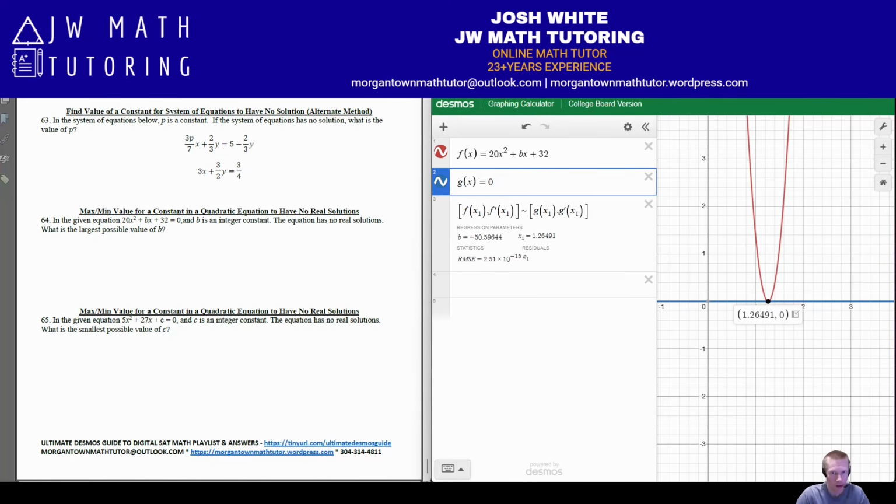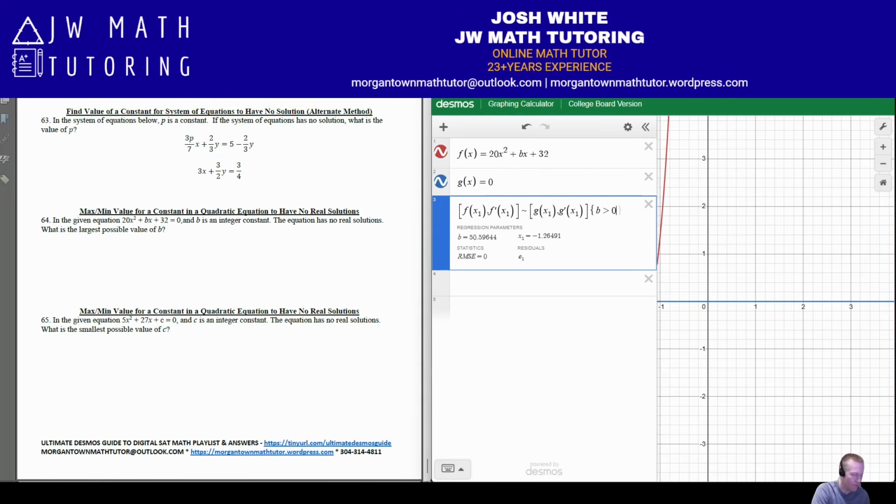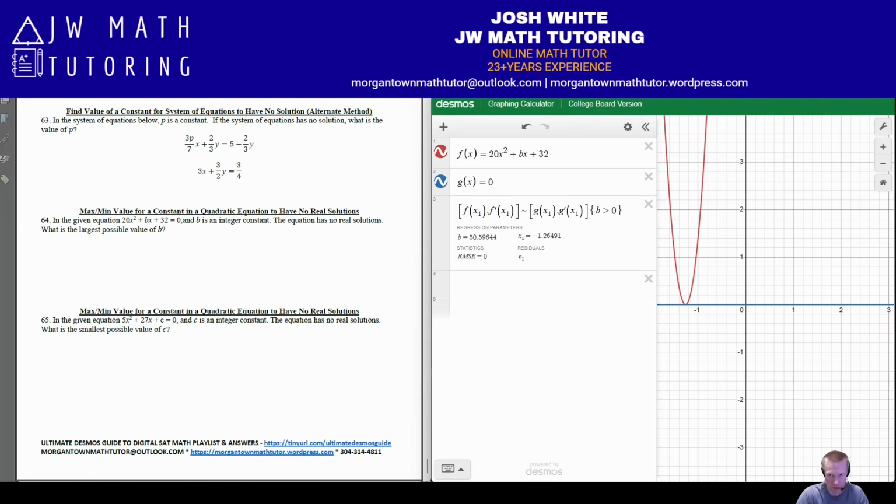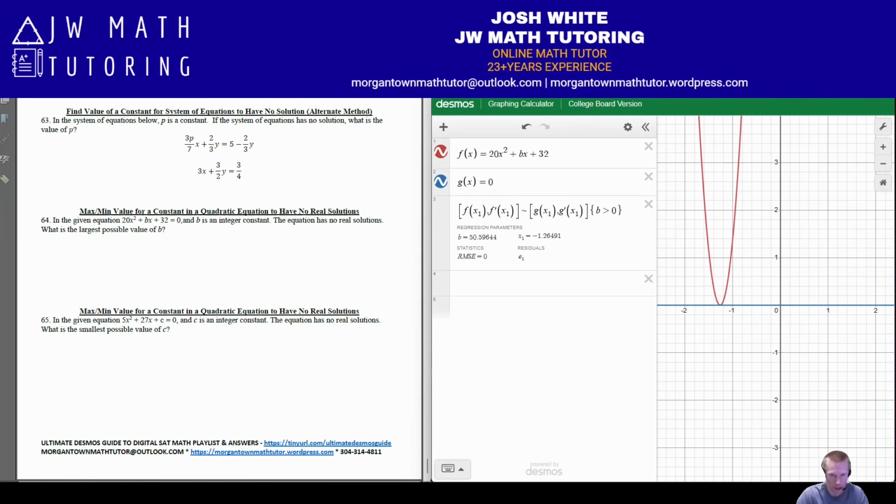So, two things. First, this is not the largest possible value of b. This is actually the minimum or smallest possible value of b. Because if I now put in the constraint to make b positive, notice it gives me the same number, but in a positive form. And notice the graph technically flipped to the other side here.